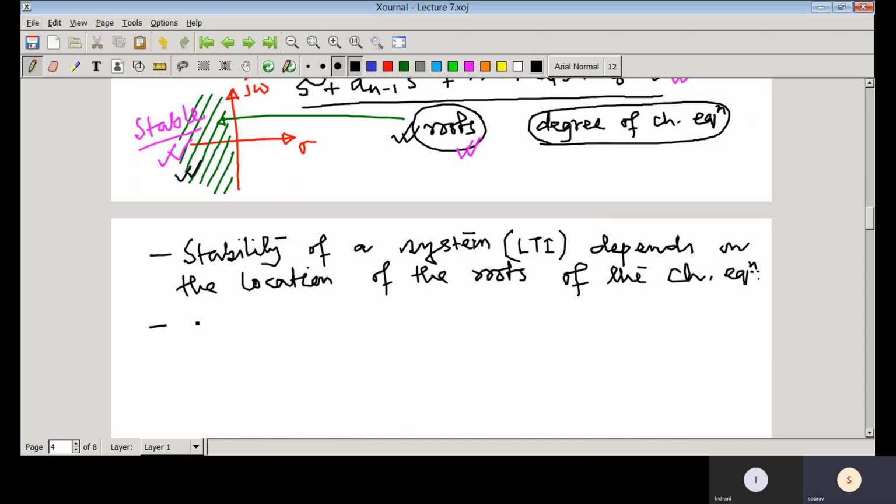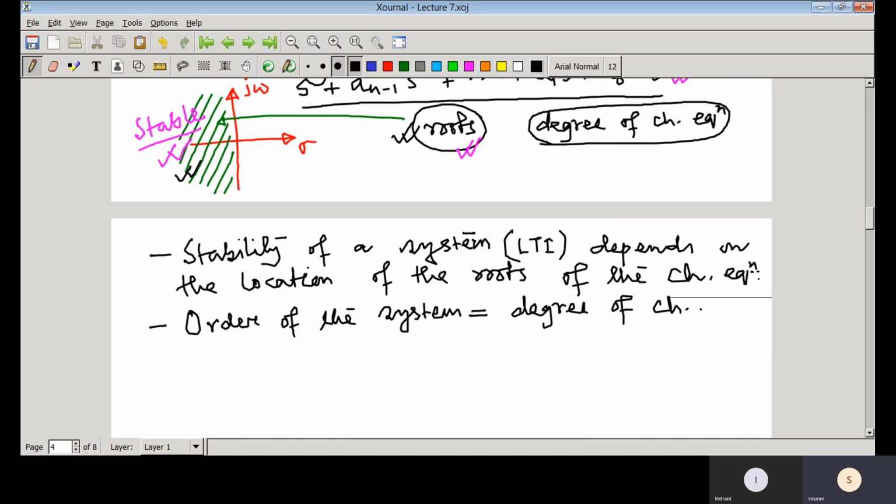Another one is the order of the system. The order of the system is equal to the degree of the characteristic equation.